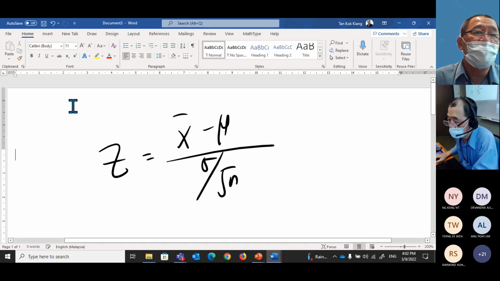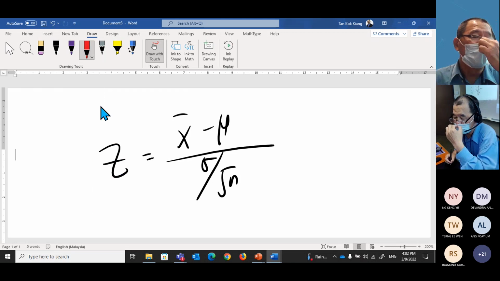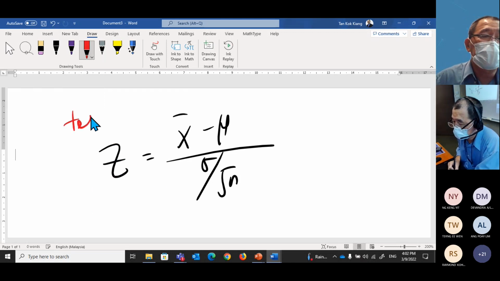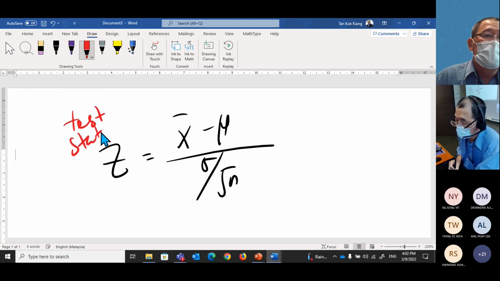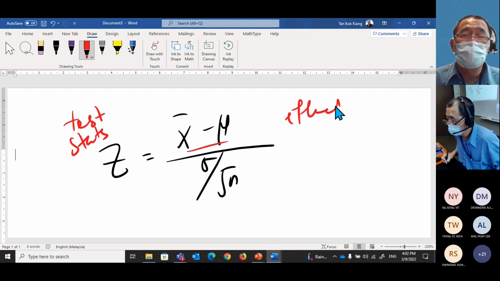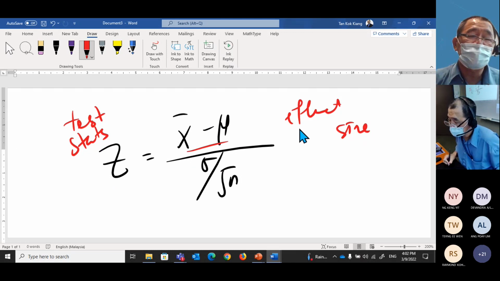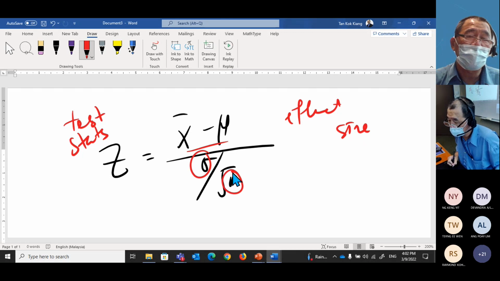Three factors will affect the Z score, which is the test statistic. The gap here is the effect size. So the Z value depends on the effect size, sigma, and also n.